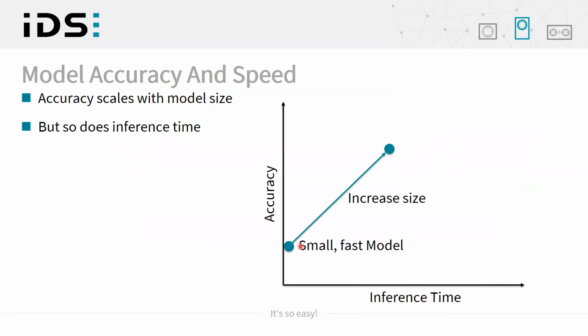So in many cases, if you switch to a larger model, you'll get a higher accuracy. But in all cases, because we can't measure any accuracy larger than 1, we'll see this saturation effect. So at some point, it doesn't really pay off anymore to switch to a larger model.